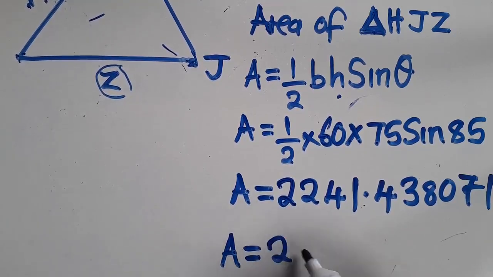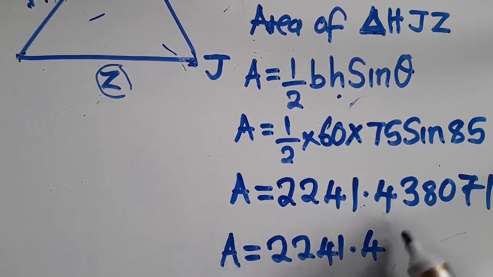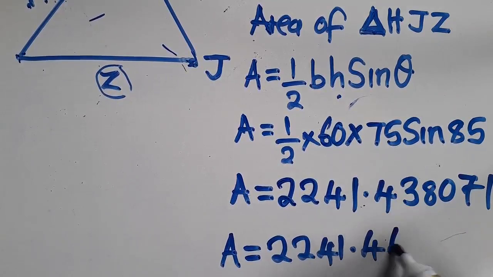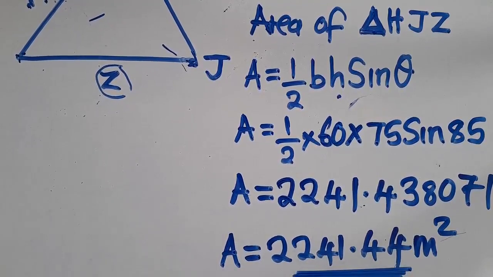So you say 2241.4, here this is 3, have you seen this is 8, so we put a 1 there, 4. Say units, meters squared. So this is how you need to answer it. This is the area in 2 decimal places. So this is the area of that triangle. This is what you are supposed to do.